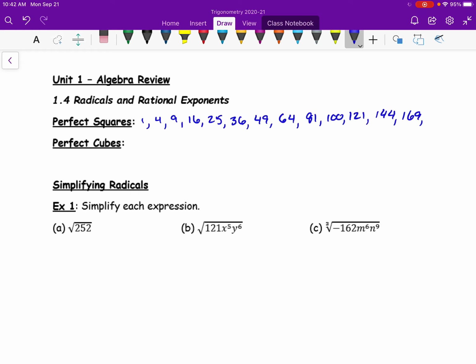All I do is flip the 6 and the 9. I get 196 for 14, and then 225 for 15. Those are the ones that you should be expected to commit to your memory banks, but you have calculators just in case you need them.